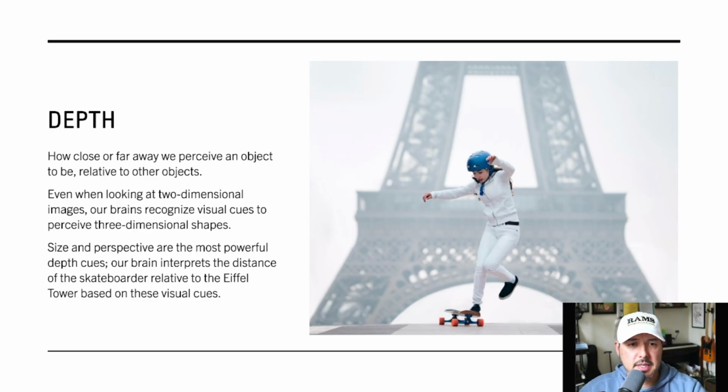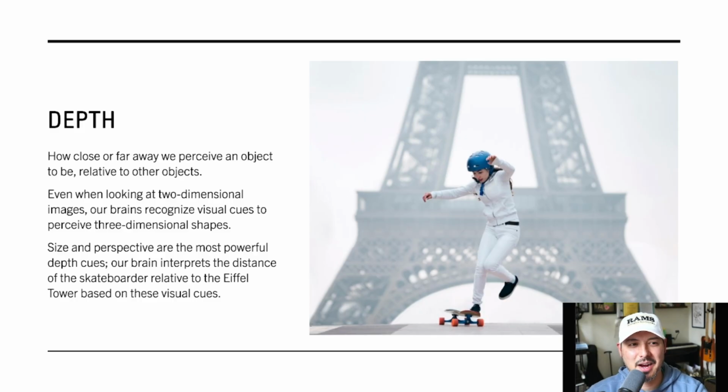All right, next we're going to talk about depth, and there's a couple elements of depth. So how far or close we perceive an object to be depends on a number of things with depth. So look at this picture. You obviously understand that this girl riding this skateboard is not enormous, right?